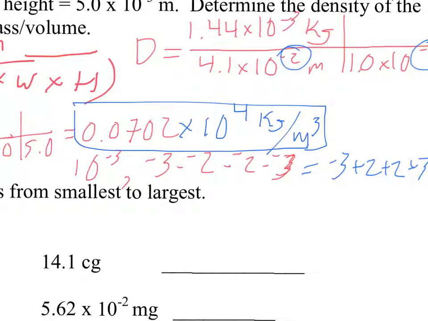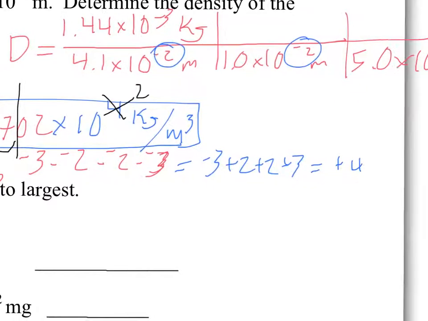The problem is this isn't in correct scientific notation. I'm going to have to move this decimal point over 2 places to put it right there. And when I do that, I'm going to have to knock off 2 from here.